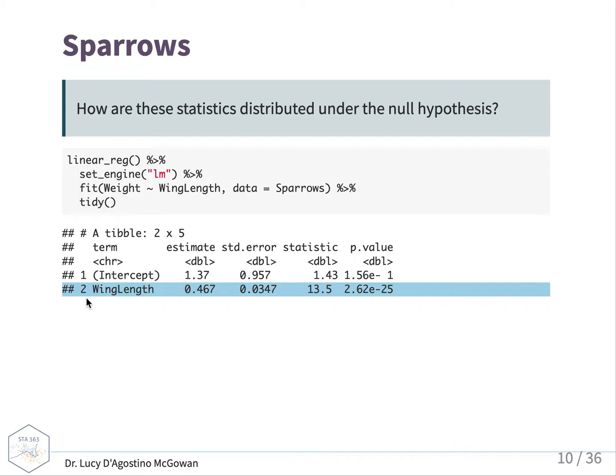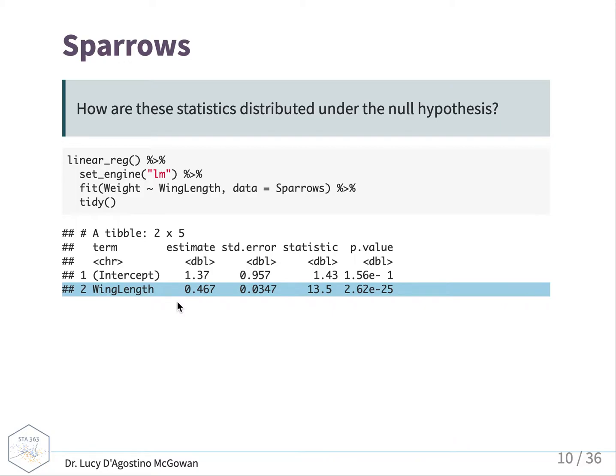If that slope was 0, that would mean across all of my different x values, it doesn't really matter where I am in terms of wing length. I could end up with basically any value of y. So there's not really a relationship between wing length and weight if that slope is 0. And by slope, I mean this beta hat 1 coefficient.